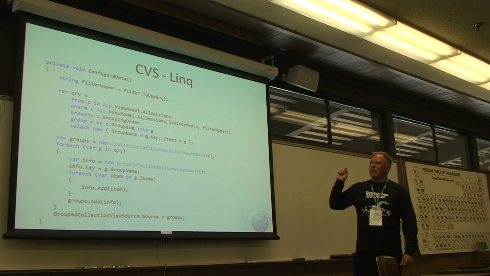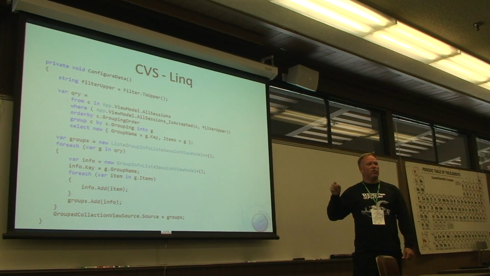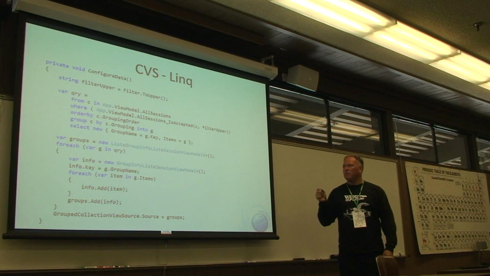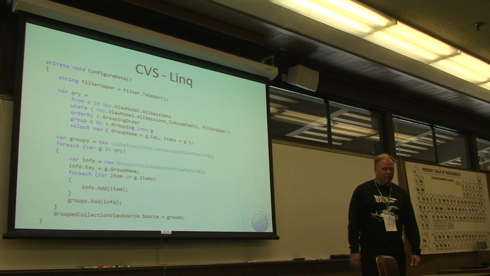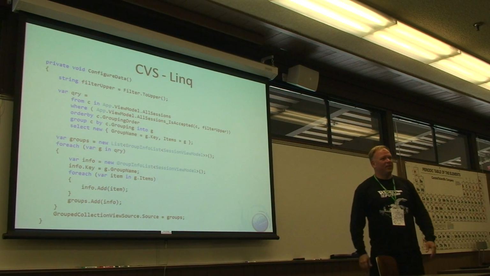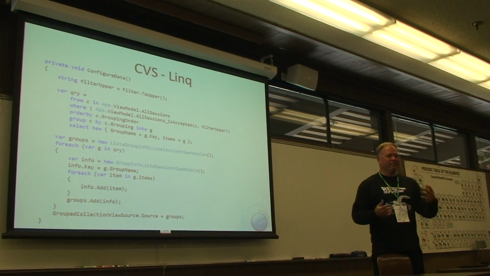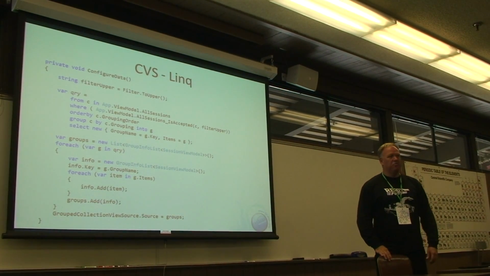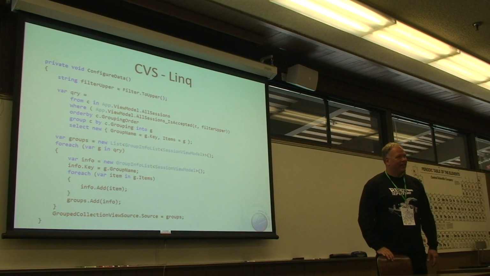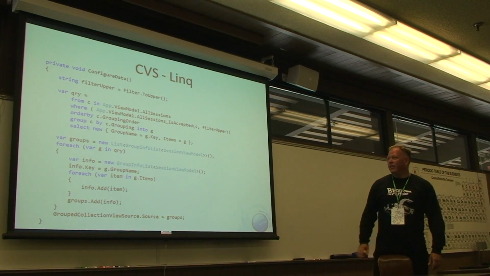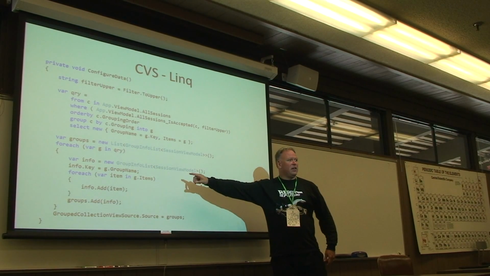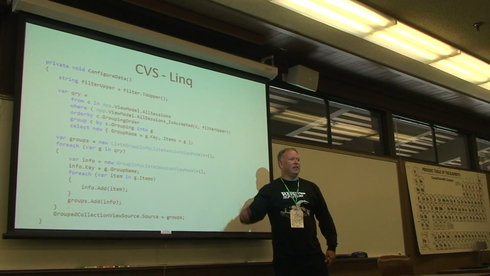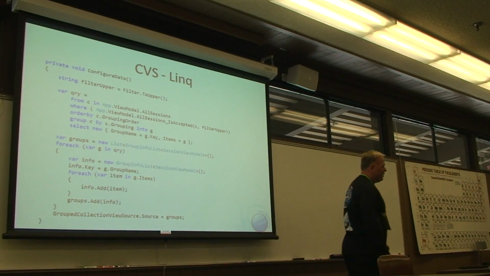Sadly, right now, LINQ group interfaces are not compatible with collection view source group interfaces. So LINQ implements, I forget which way around it is, groupable, and the UI controls use grouping. So they're not the same interface. Hence this code that then iterates over my group and puts them in another collection that implements the right interface.